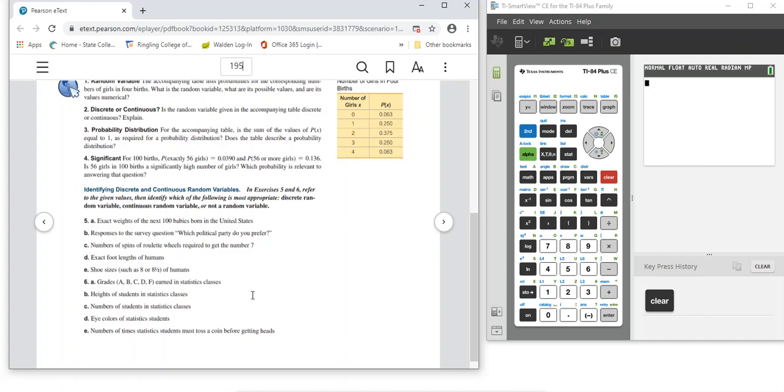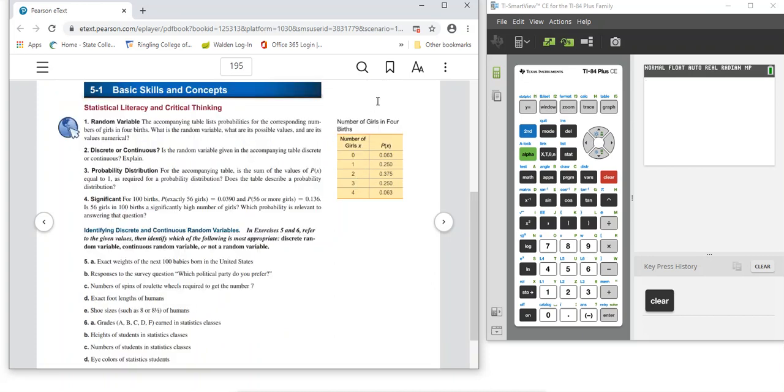So we could talk about a distribution and then a sample space. Here on the left side is our sample space. The number of girls in 4 births could be none. You could have no girls, or 1 girl, or 2, or 3, or 4. So these are all the possibilities. Remember, the sample space lists all the possible things that could occur.